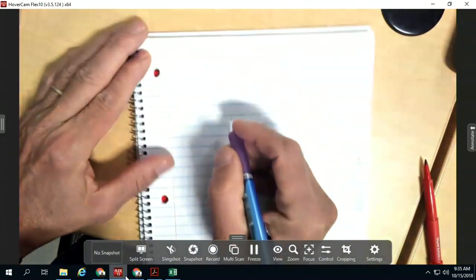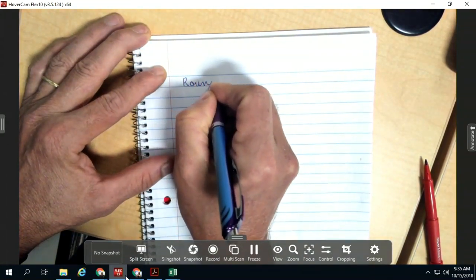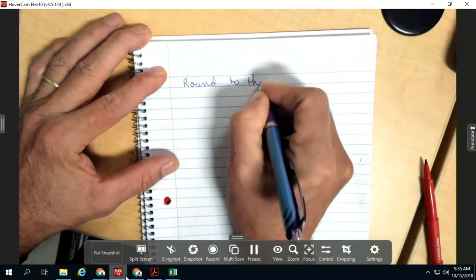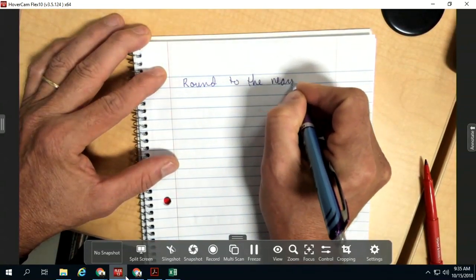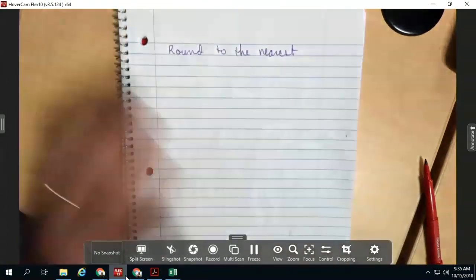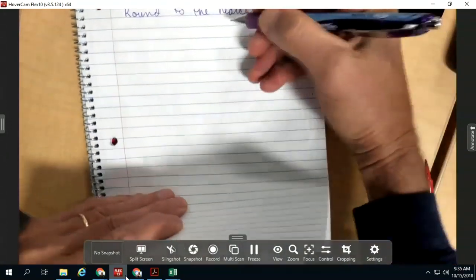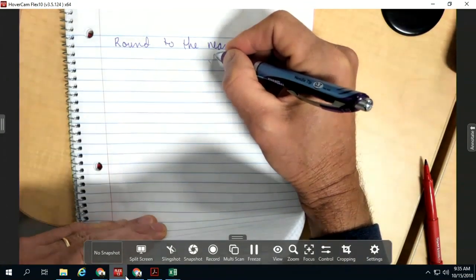Now, you're used to the idea of rounding to the nearest. Okay? So, let's take those numbers, round to the nearest. What would the first item cost if we rounded to the nearest?